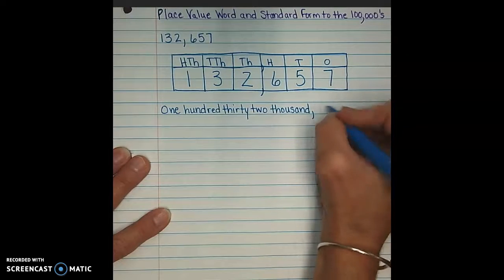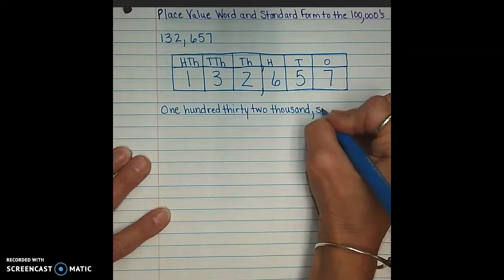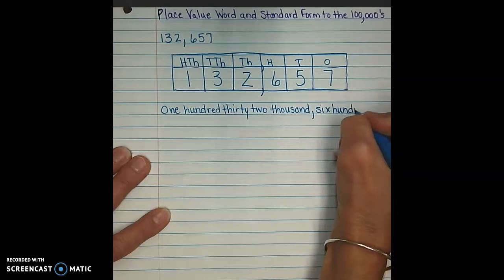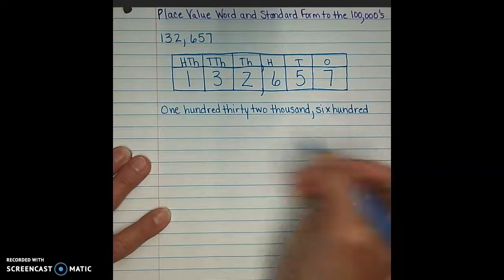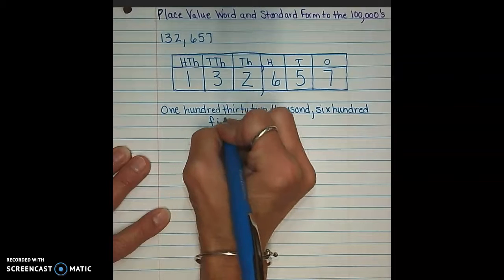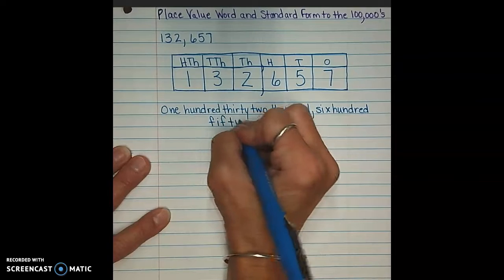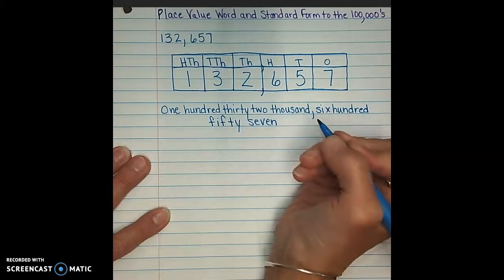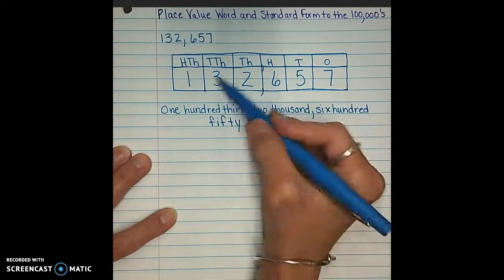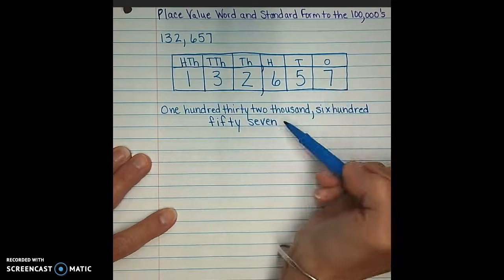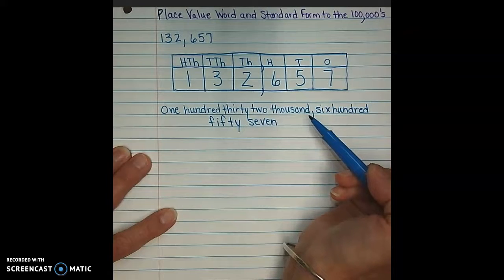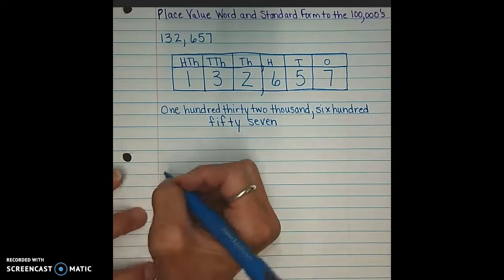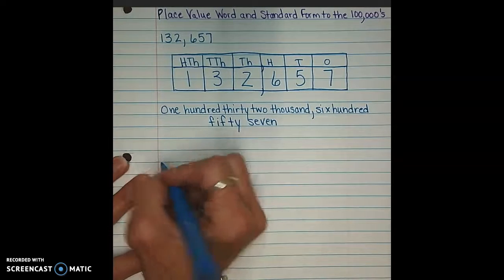I start in the hundreds: 657. And all I did here is I sounded out the number and I used those words to write the number in word form. Okay, so let's move on to the next number.